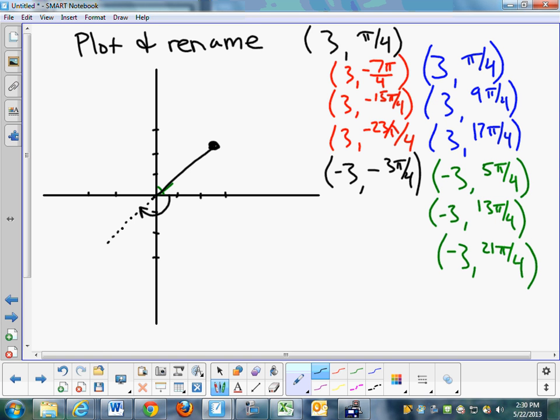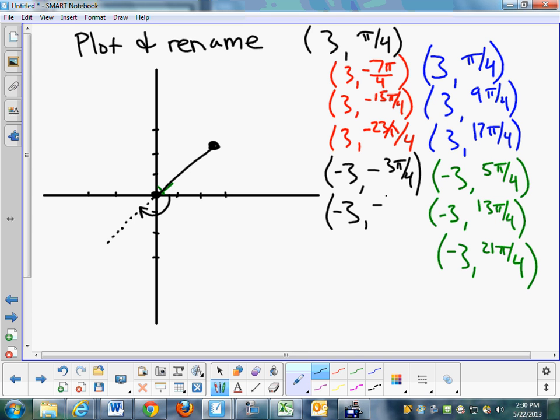Now, instead of just going around negative 3 pi over 4, I could continue and go around the pole more than once. I'm just showing you how all of these are the exact same as 3 pi over 4. So I could go around more than once in the negative direction, and I would just add on another negative 8 pi over 4.